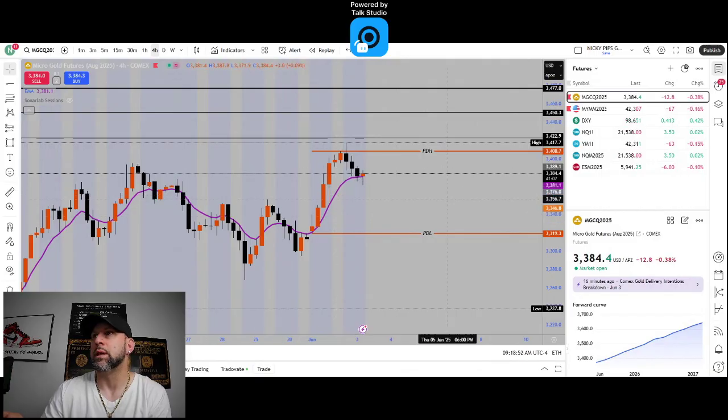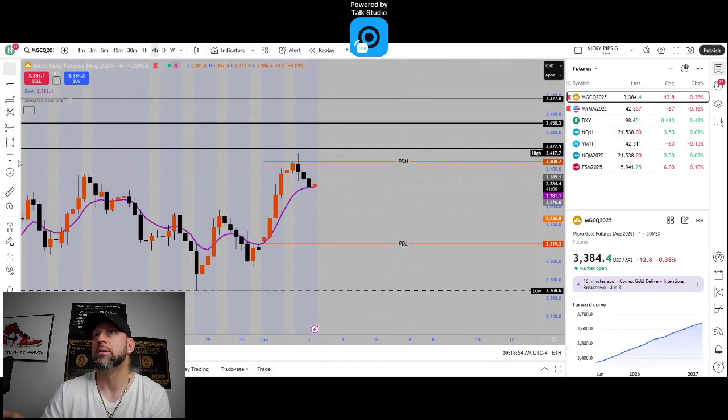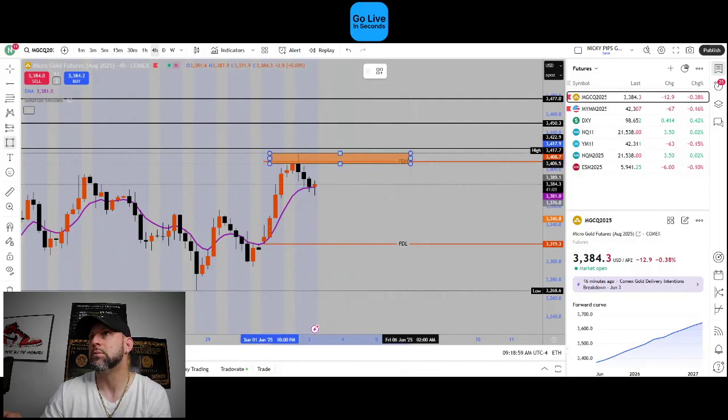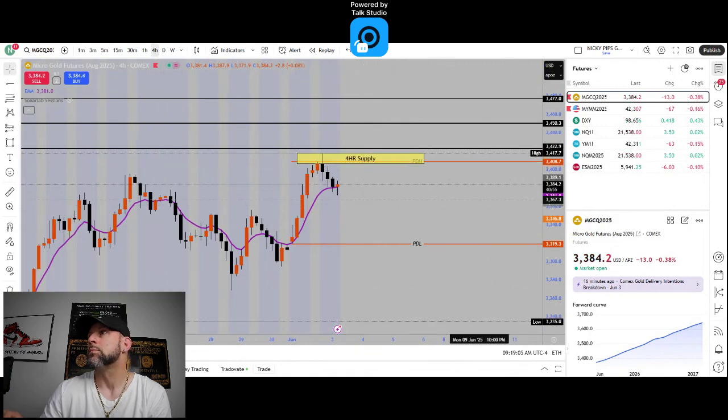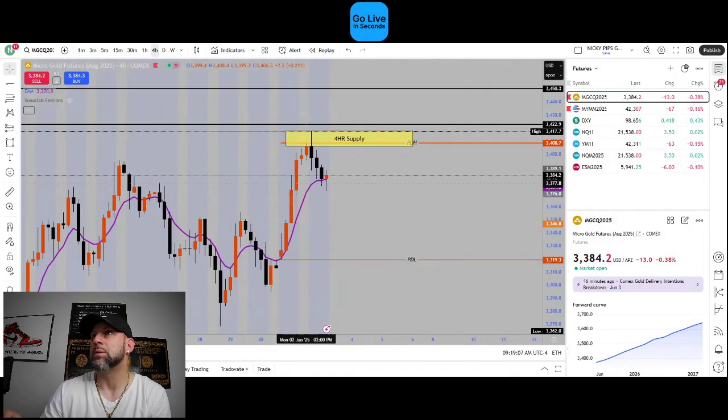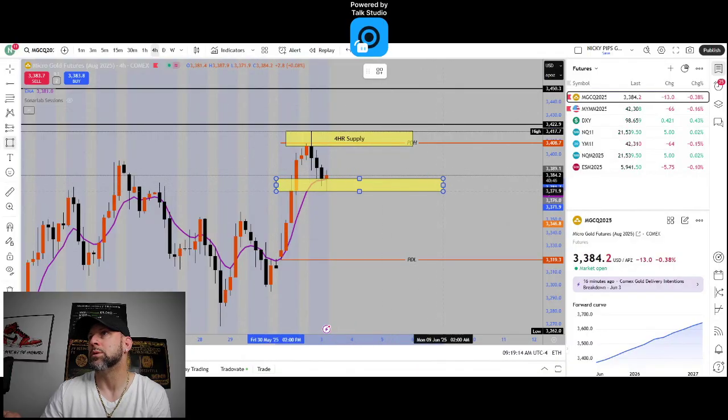Right here, we don't really have much other than a 4-hour supply zone. So that'll be our 4-hour supply. If we did have any type of demand zone, it would probably be right here. So this will be our 4-hour demand.